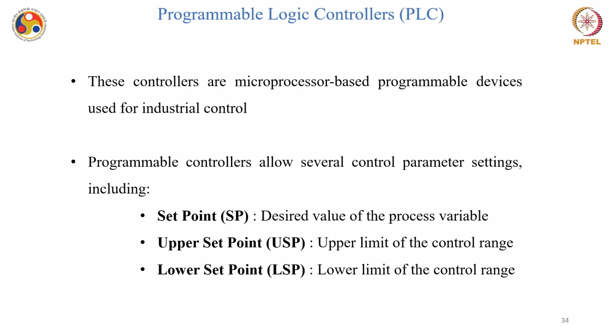These are digital controllers and are microprocessor based programmable devices used for industrial control. Programmable logic controllers allow several control parameter settings, including the set point, the desired value of the process variable. You can also set the upper set point or USP and the lower set point, which are the upper limit and lower limit of the control range.